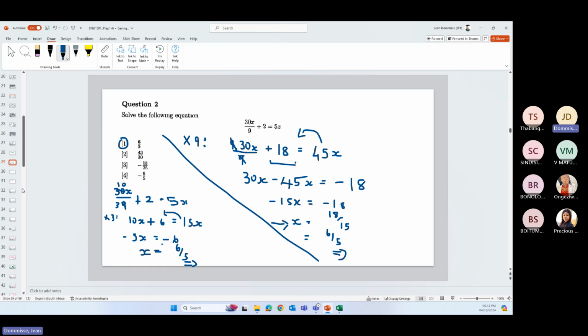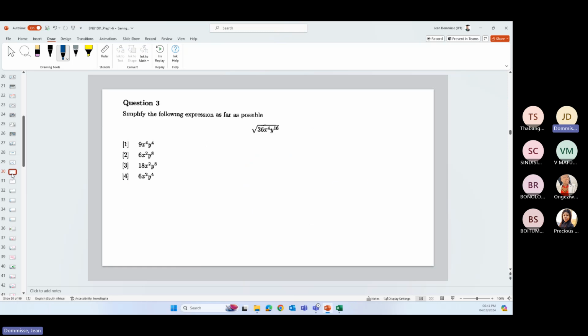Okay, so more simplification. So this time around, we're looking at square roots. You can see it was a previous exam paper. So let me just rewrite it so that we can all see.